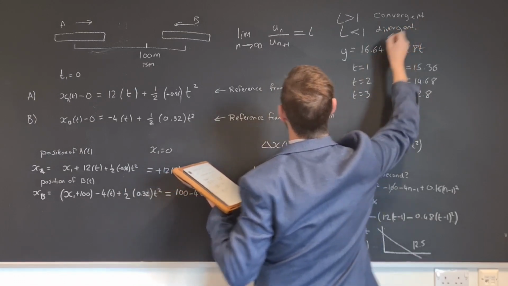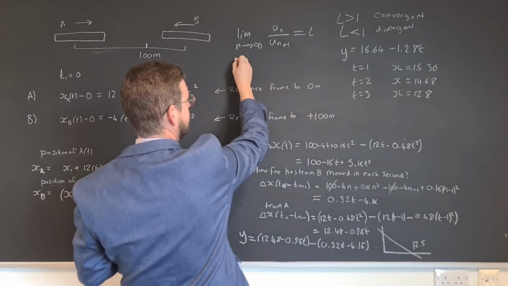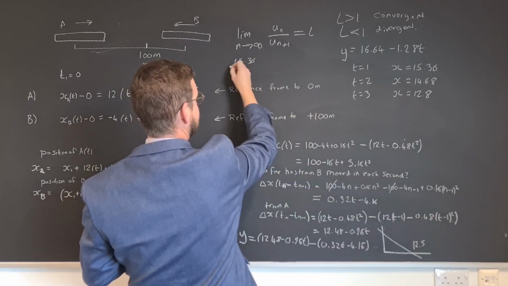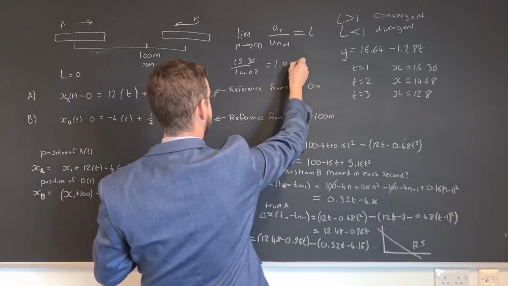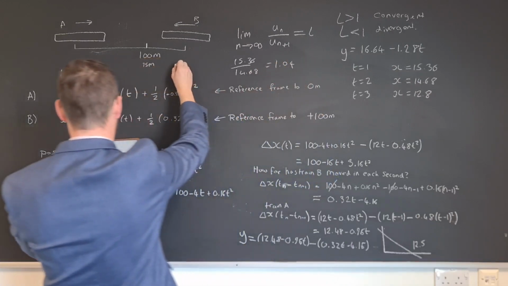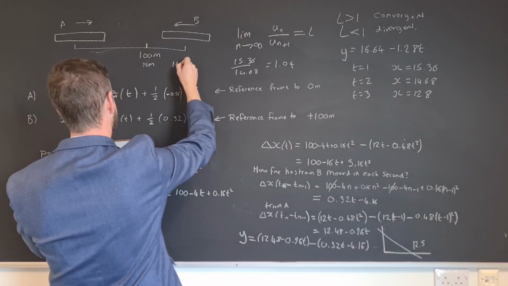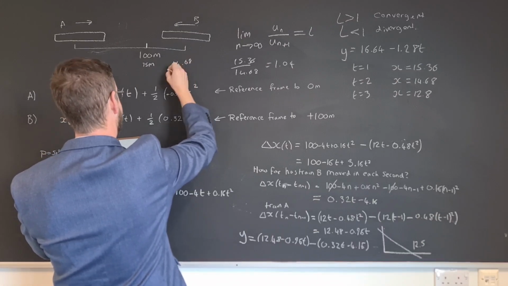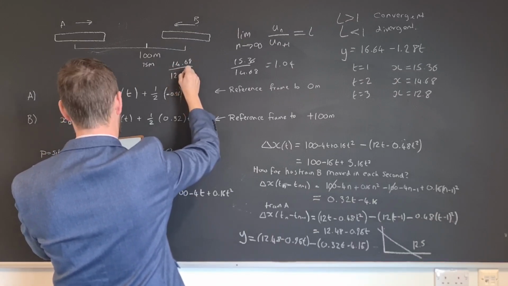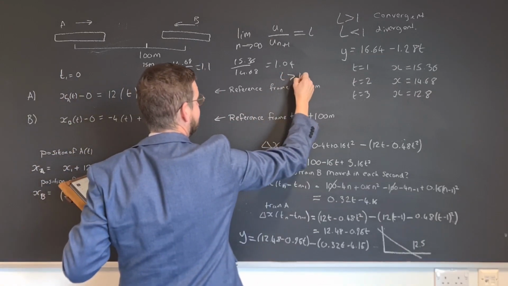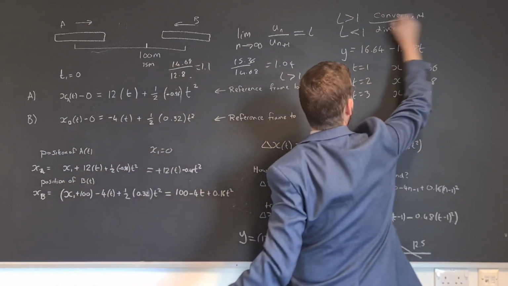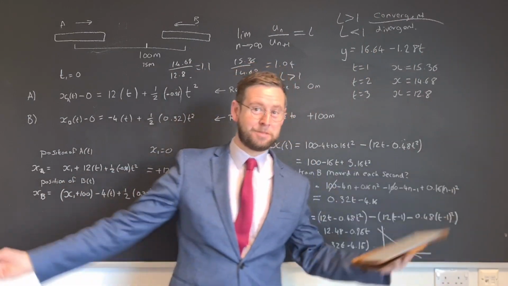And so, therefore, what is it for this? Well, 15.36 divided by 14.68, we get 1.04. One more, just to test that it's good. 14.68 divided by 12.8 is equal to 1.1. Therefore, L is greater than 1. It is convergent. Proof of concept.